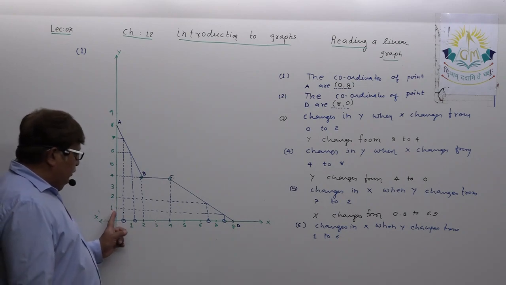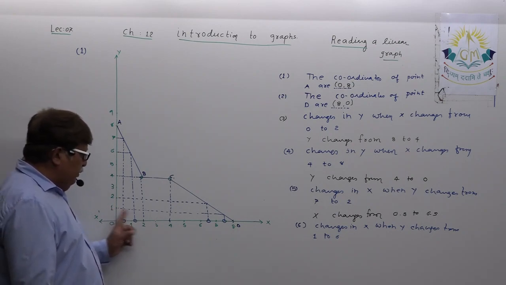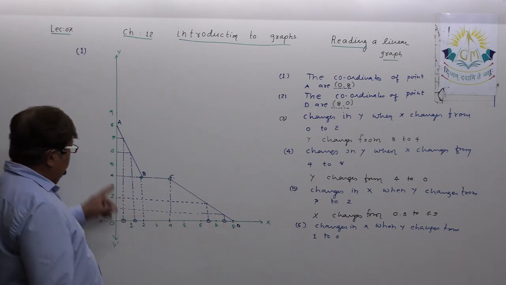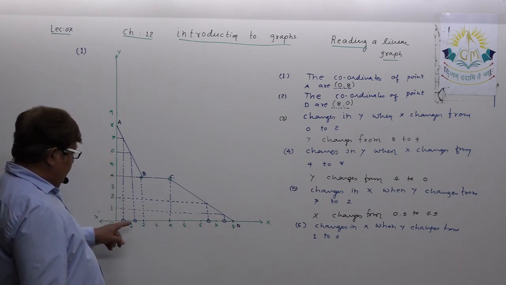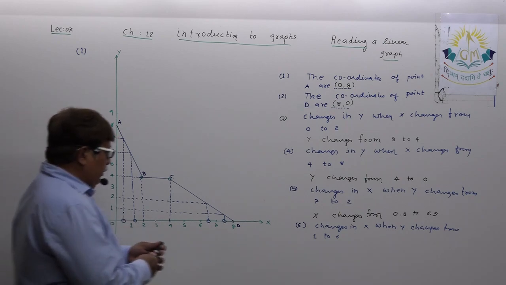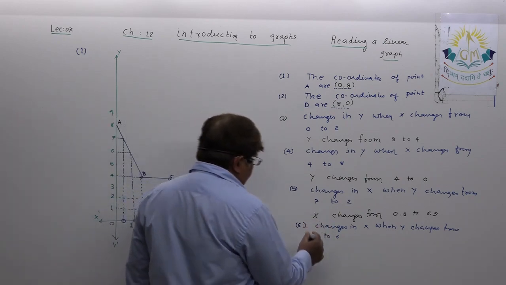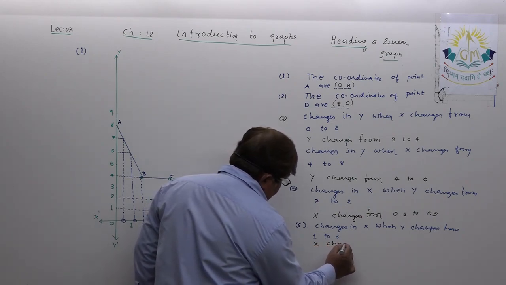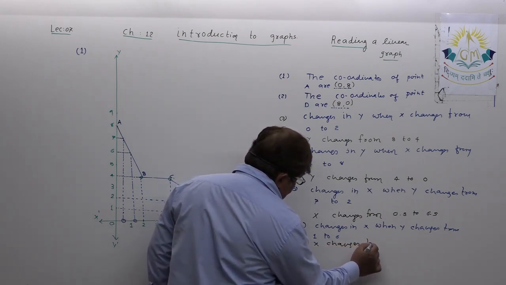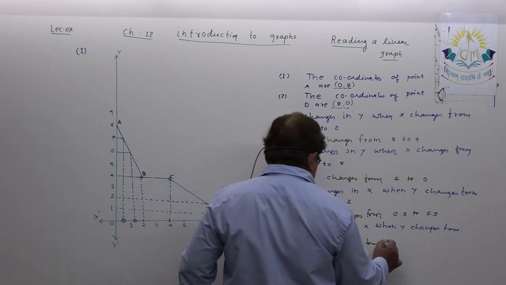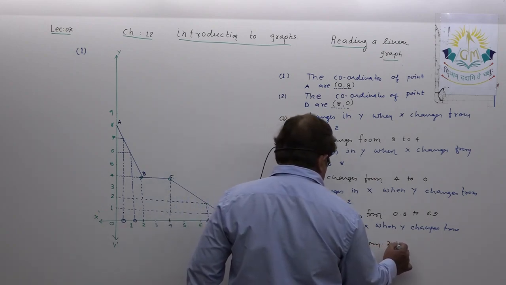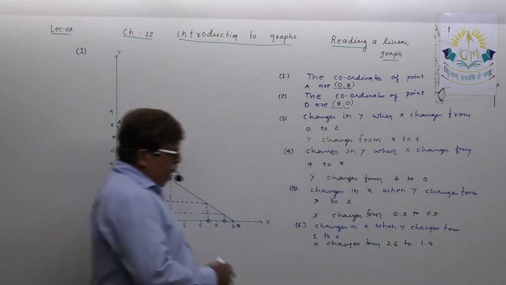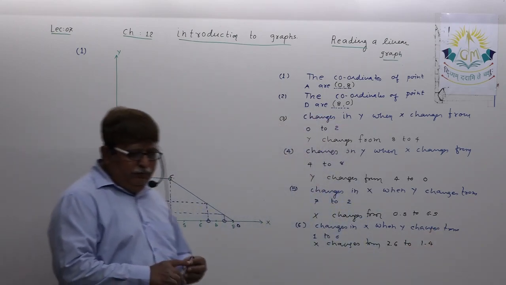When y is 1, x is 7.6; when y is 6, x is 1.4. So you will write your answer as x changes from 7.6 to 1.4.